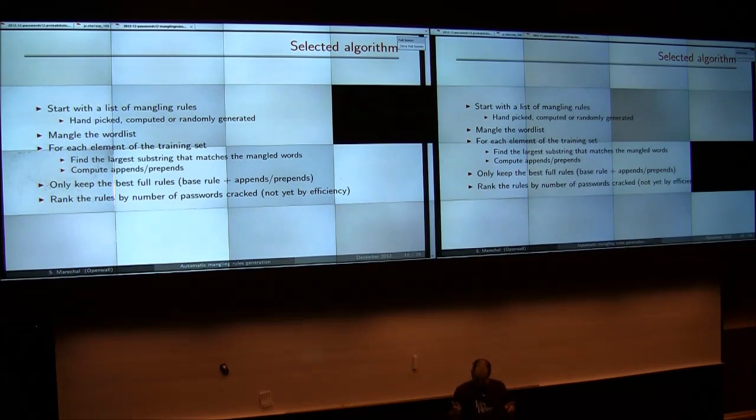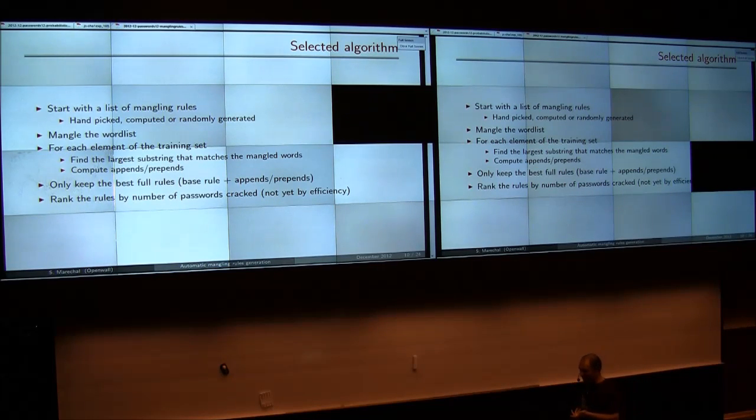Little problem, it's a bit obvious, but I didn't do it. So as I said previously, in John the Ripper, you can have mangling rules that reject words. Actually, the first rule I showed you rejects words that are not at least 2 characters long, for example. Which means that if half of the words in your dictionary are only 1 character long, then half of the words will not be considered when cracking.